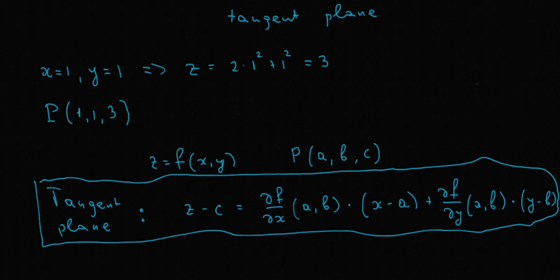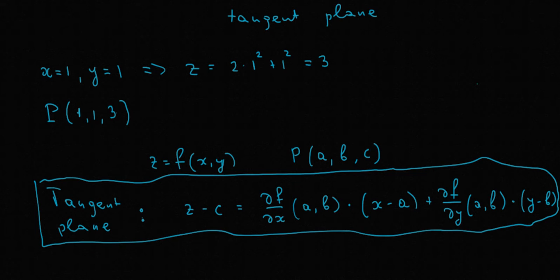It is useful and correct to think about these partial derivatives df/dx and df/dy at the point (a, b) as the slopes of our plane in two directions, one in the direction of the x-axis and the other in the direction of the y-axis. Really this formula is very similar to the equation of the tangent line.